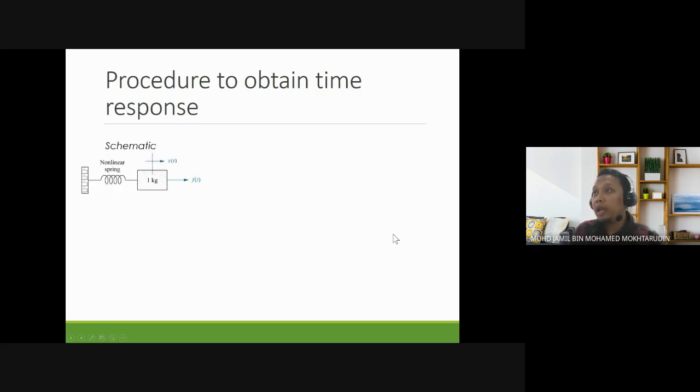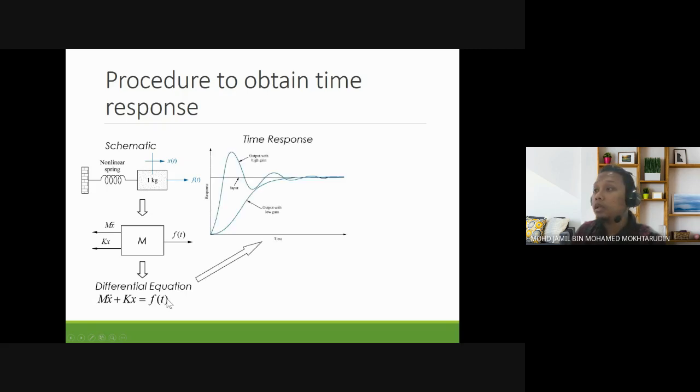Okay, so let's look back at the procedure to obtain the time response. We have learned this basically from chapter 2, from Laplace transform until gearing in rotational mechanical systems. So let's say you have a schematic of a system. Firstly, you draw the free body diagram, and then you find the equation of motion. From the equation of motion, you can straight away plot the graph or solve the equation of motion.